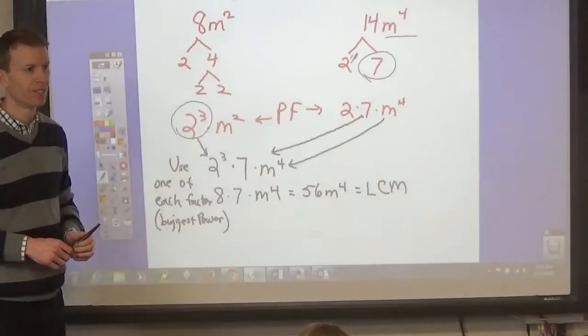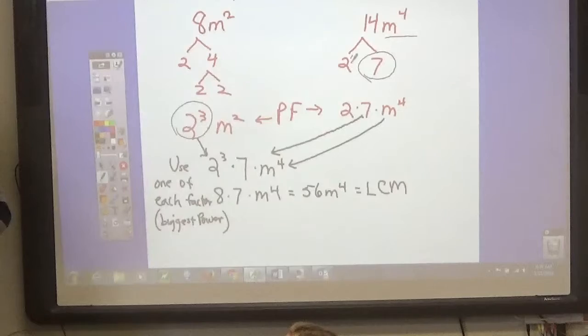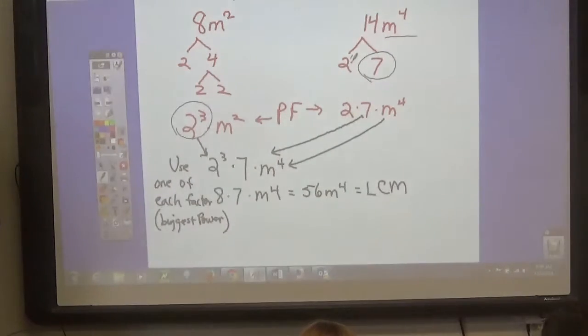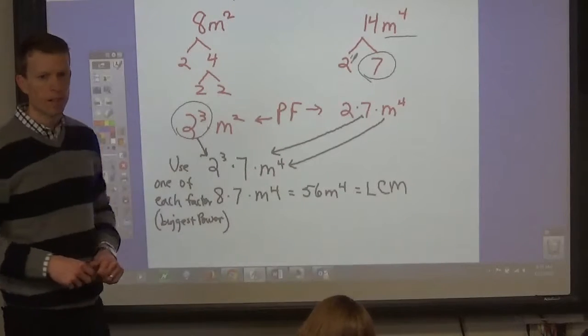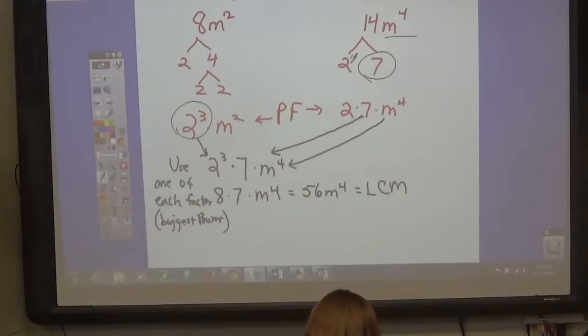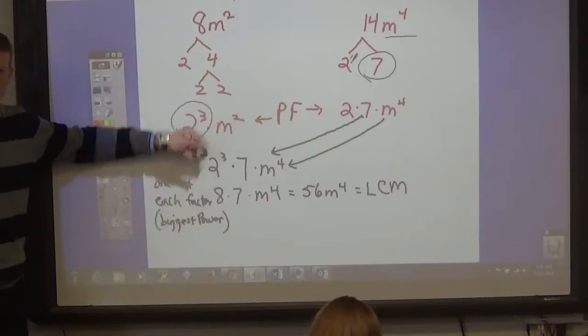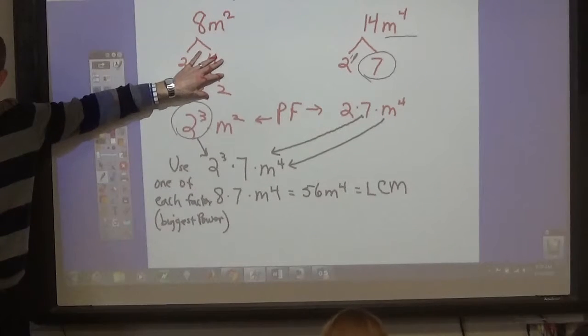Okay? Good. Turn to your assignment. Turn to page 239. The first section is using these skills to find the lowest common multiple.